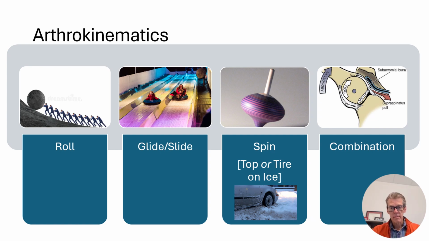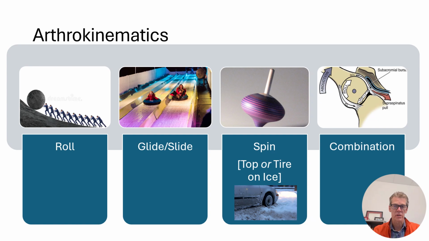And then what's typical in the body is that you get a combination of these two motions, and usually it's roll and glide happening together. For the most part, the reason we get roll and glide together is to allow us much more range of motion than we would get if we didn't have them happen together.